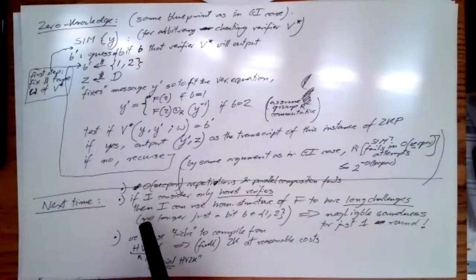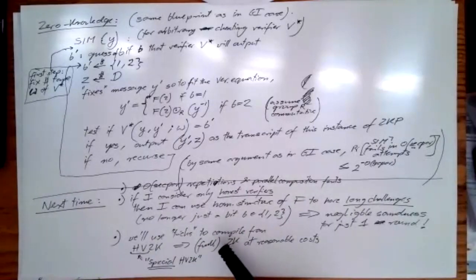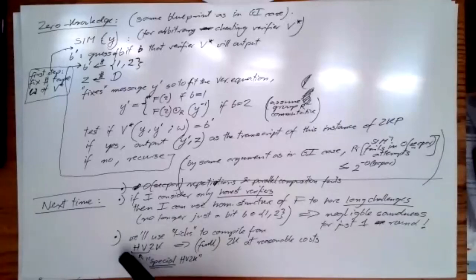But once these groups are prime order groups, then they will have these special properties that are required for the compilation. There are many of these compiler results extending the range of these proof systems.